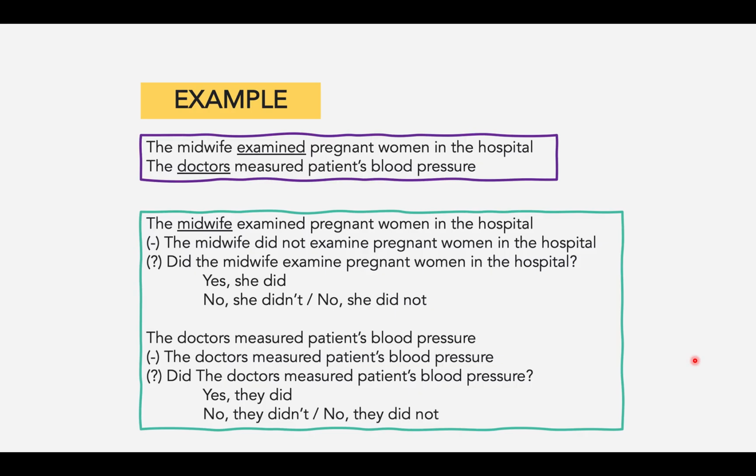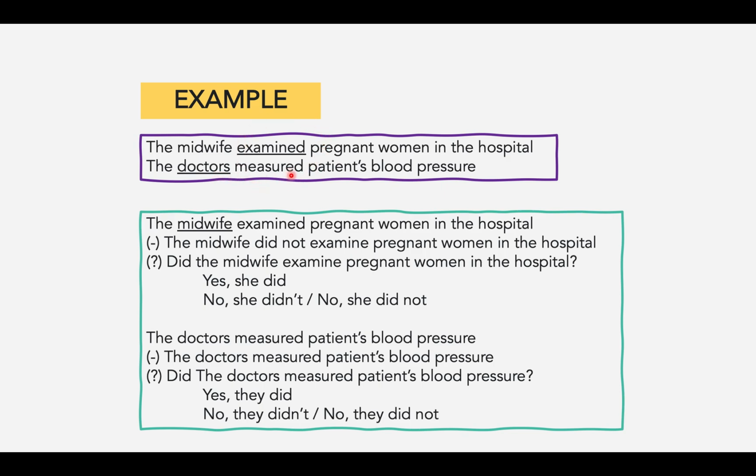And here is the example. Look at this. This is verb 2 with verb 1 plus ed. There is no difference with the number of subject. Even if the number of subject is 1 or more than 1, the verb is similar.